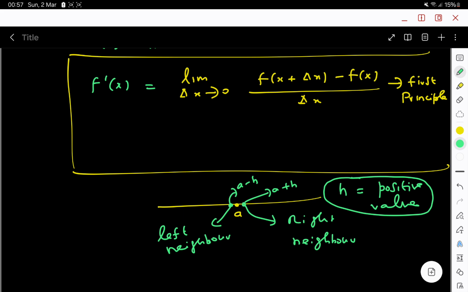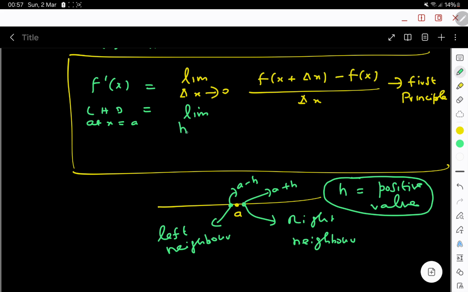Okay, so I am writing the left hand derivative at x is equal to a: limit delta x tends to 0, h tends to 0. Now I am replacing delta x by h.